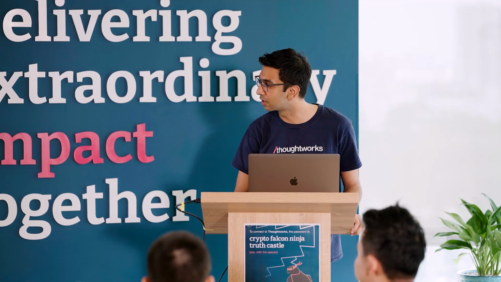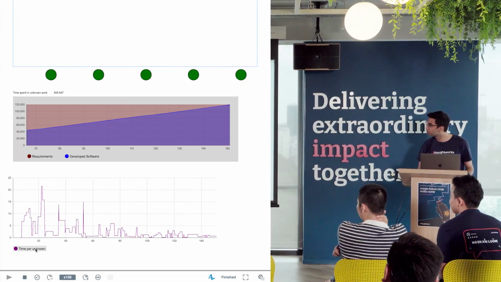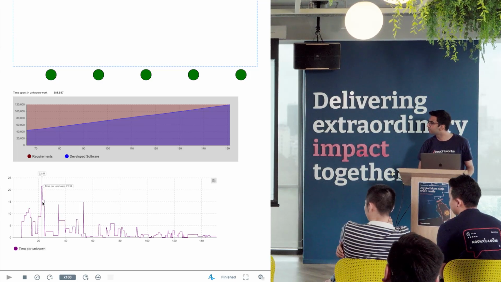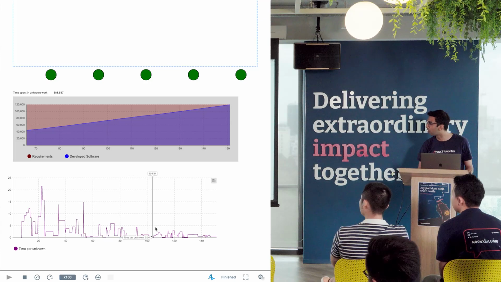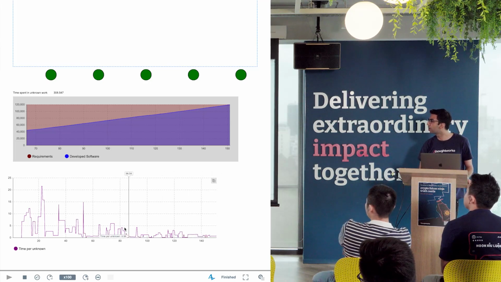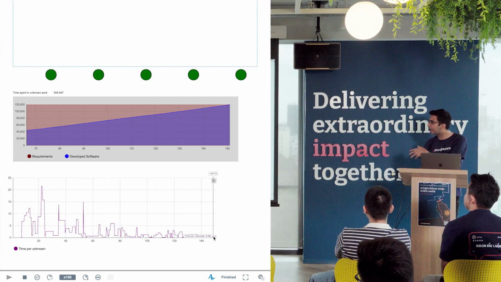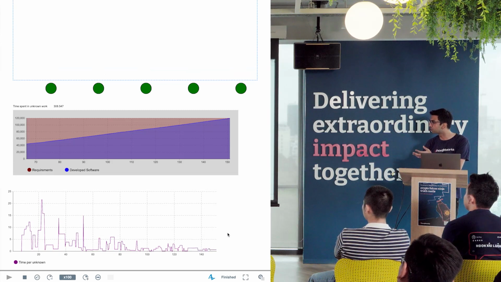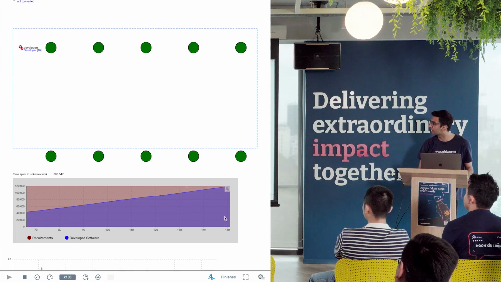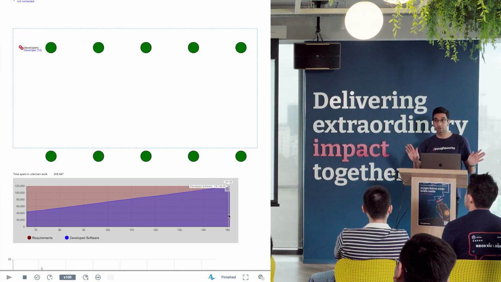Sometimes it can be much worse. And the chart below shows us that early on in the project, there was a lot of churn, a lot of unknowns were discovered. This is the amount of time it took to solve those problems. Later in the project, as the team gained more knowledge, it was much easier to solve those problems, and they had less impact. All right, so far so good?